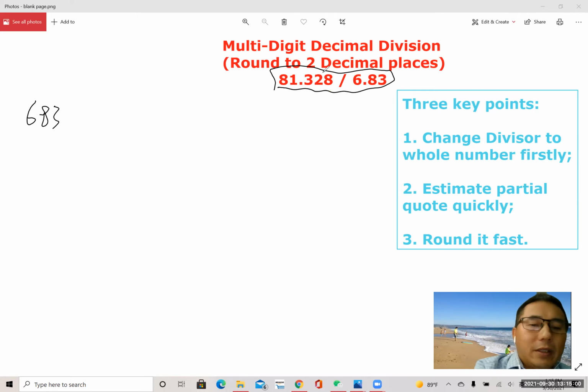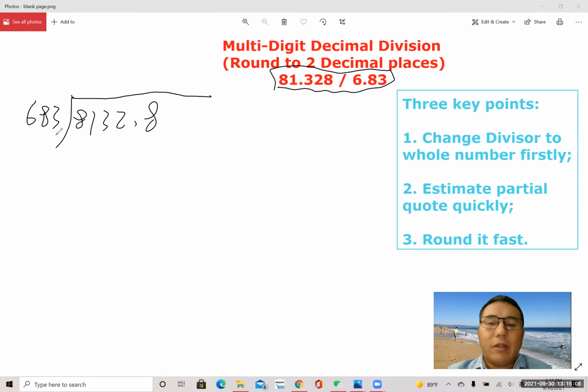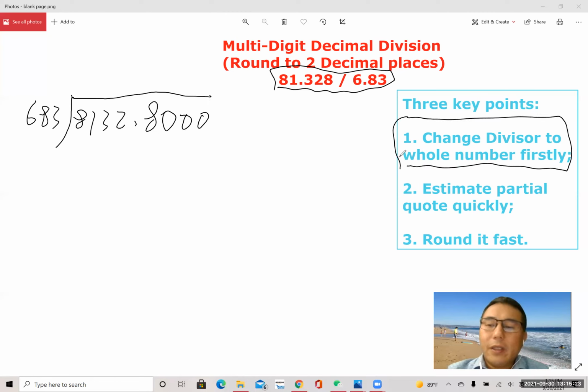So we get, as we'll go to 2 decimal places for the quotient, here we need to add more 0s at the end of the dividend. Okay, so this is the first thing: change the divisor to a whole number.